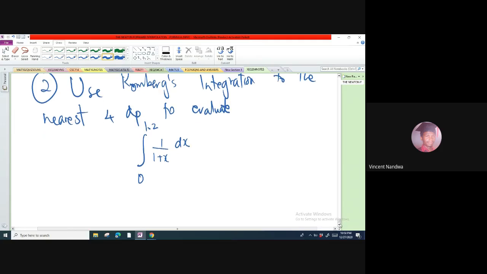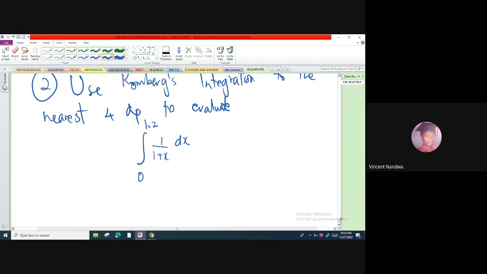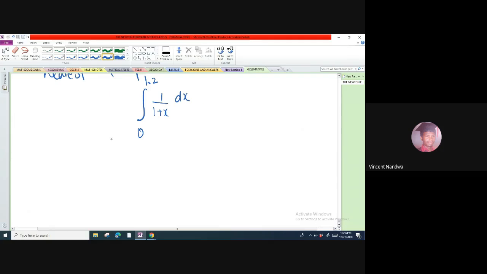So this is the question. So our solution, here we have the function f of x is given by 1 over 1 plus x.